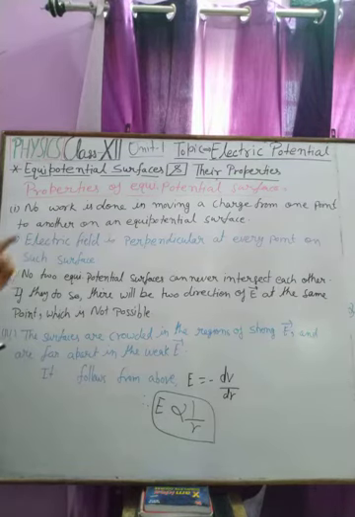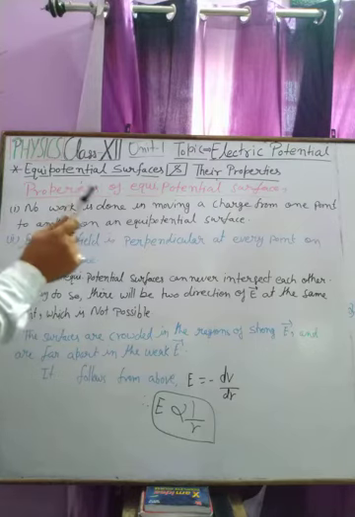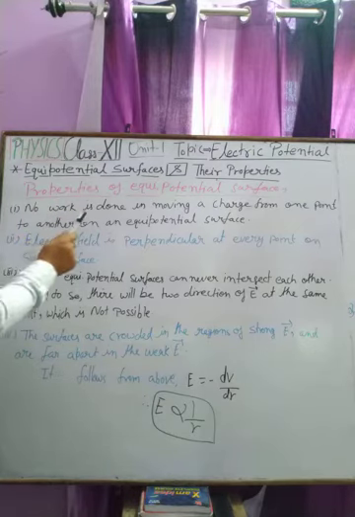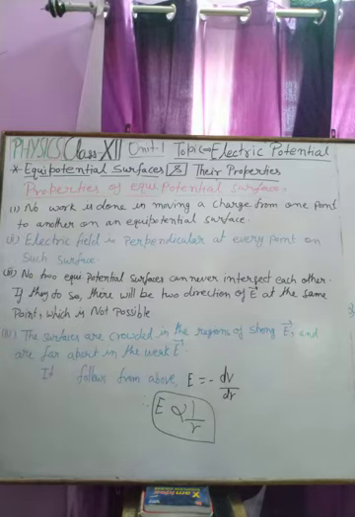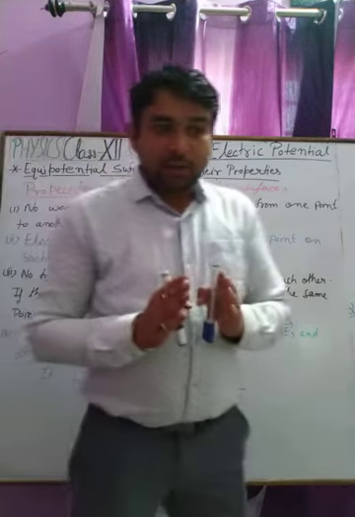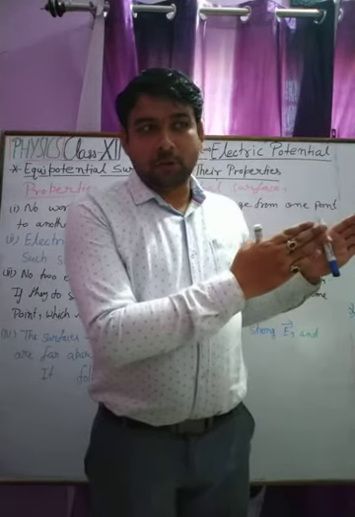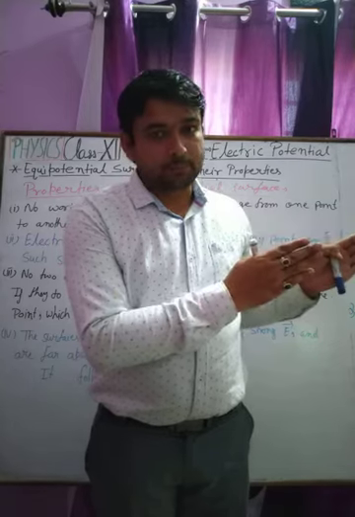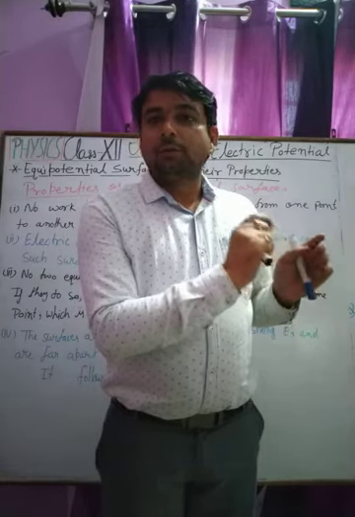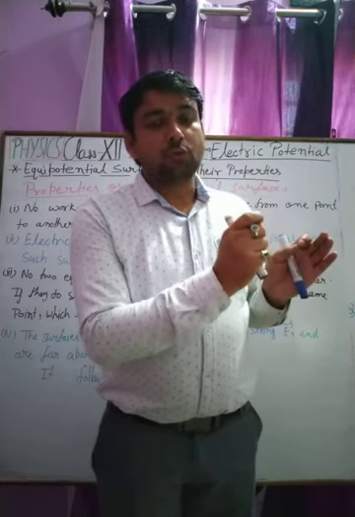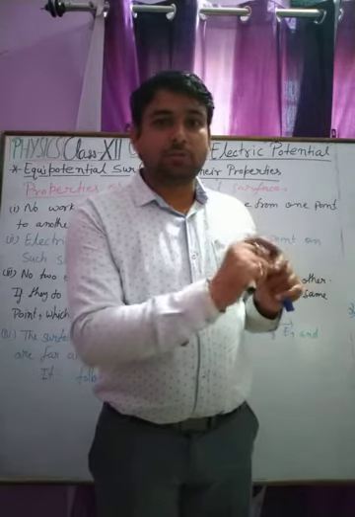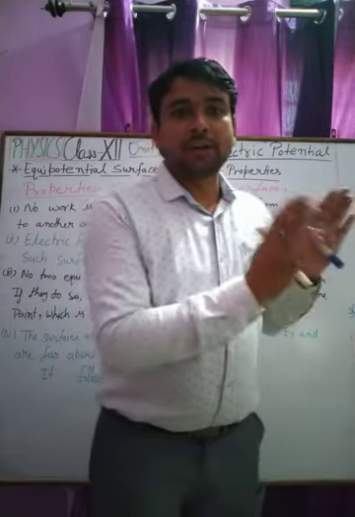As we learned earlier in the definition of the equipotential surface, no work is done in moving a charge from one point to another on an equipotential surface, because the potential at every point on the equipotential surface is exactly the same. So work done, which is given by W equal to QΔV, where ΔV is 0. So work done is also 0.